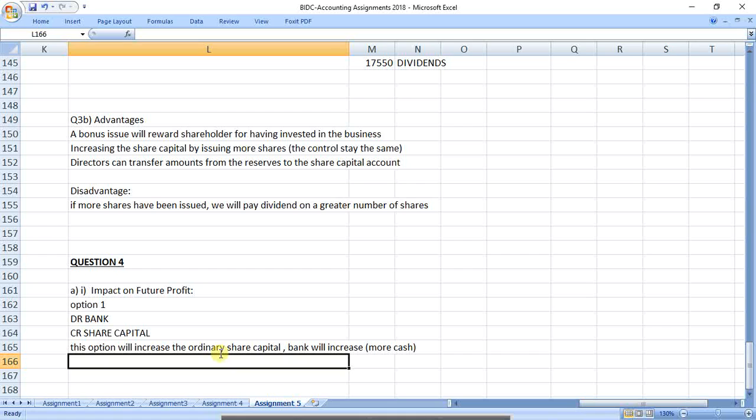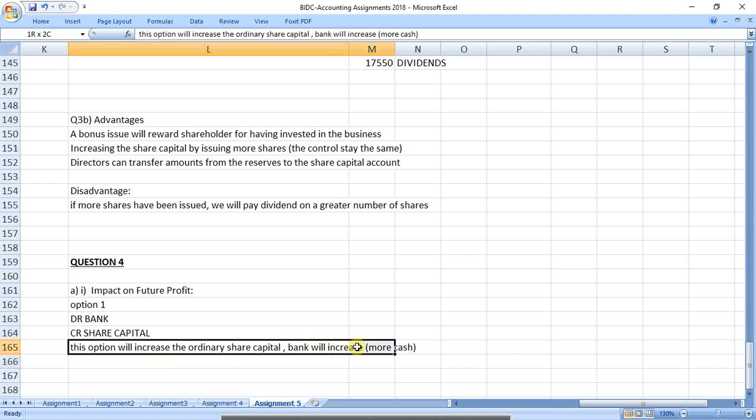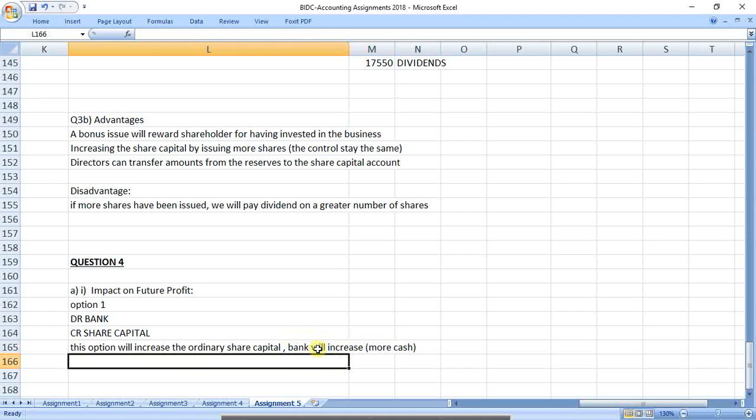The first bit we can comment on because they said you were going to do this because you wanted to repay the debentures. If I'm issuing more share capital, I'm going to get more cash. Do you agree? That cash is going to be used to pay off the 80,000 debentures.